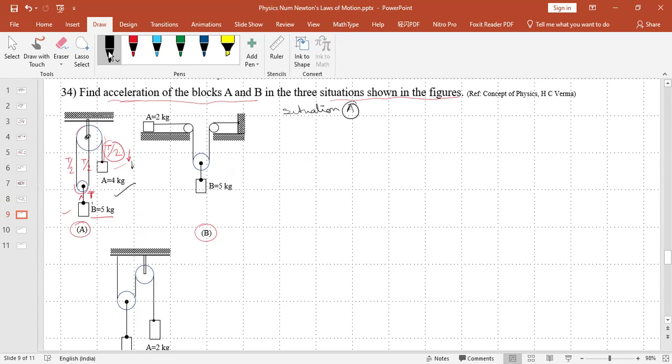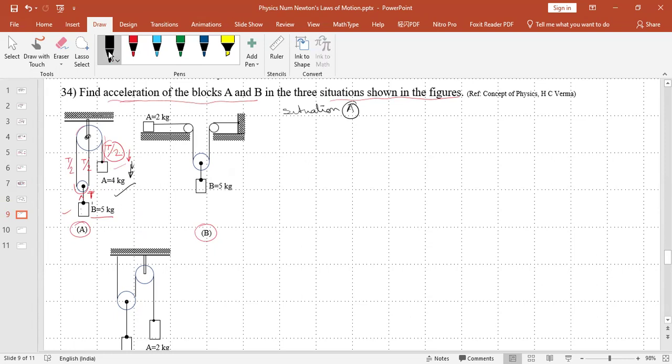If you observe this very clearly, the motion of this body A is twice the motion of this body B, because this body is lifted by two ropes and this body is pulled in by one rope only.